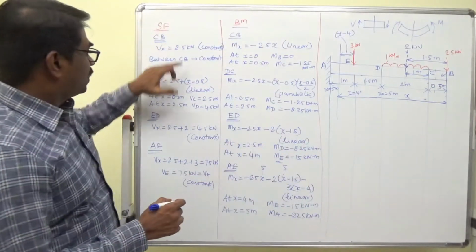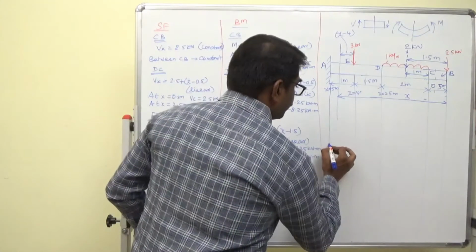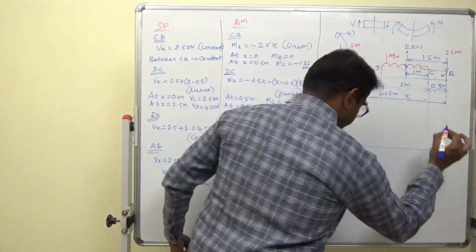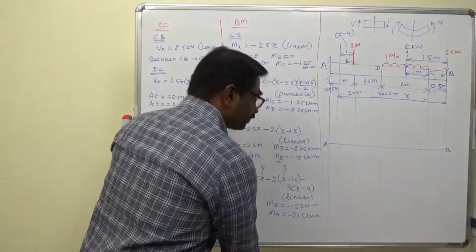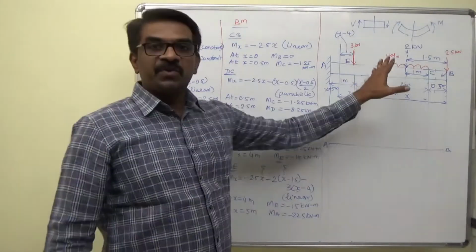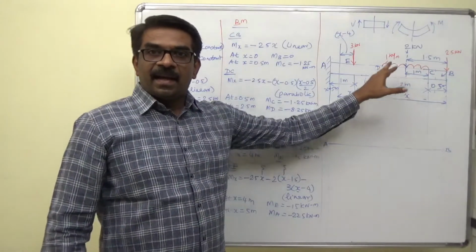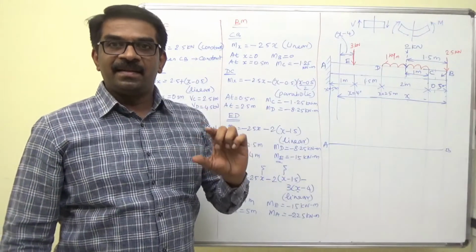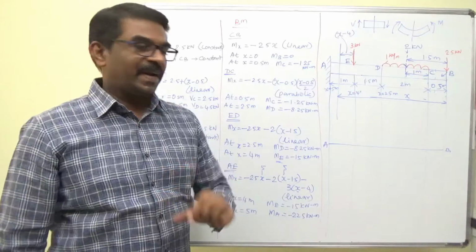See here, all the values are positive. I am drawing it. A, B. As you know, whenever you see a point load, there will be a step in the shear force diagram, right?